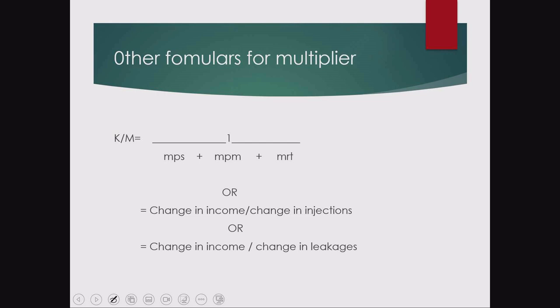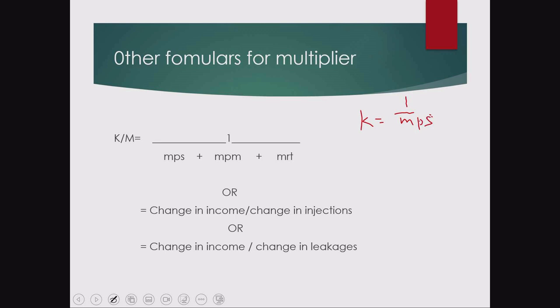Now, there are some other formulas that one can use to calculate the multiplier. Let's say you are not given the marginal propensity to consume. You are given something else. Let me say you are given the marginal propensity to save. What you then do is say 1 over marginal propensity to save. You are done. That's your formula.